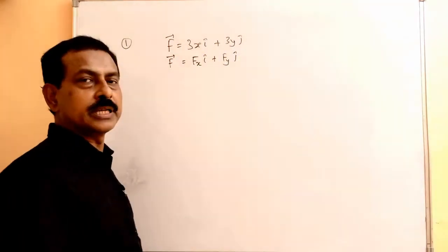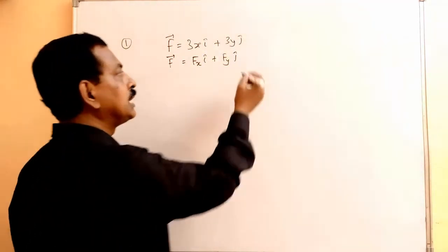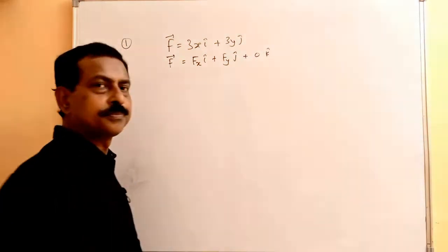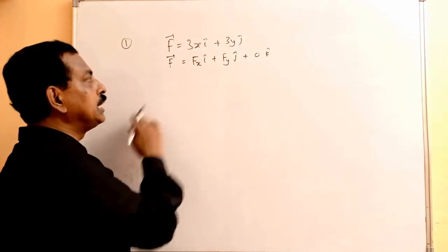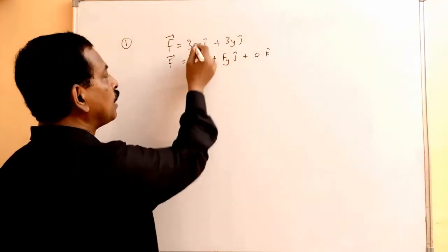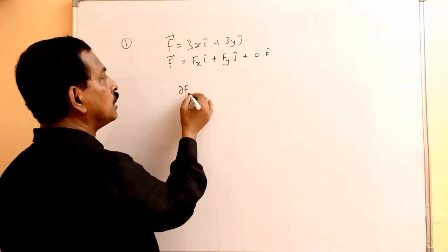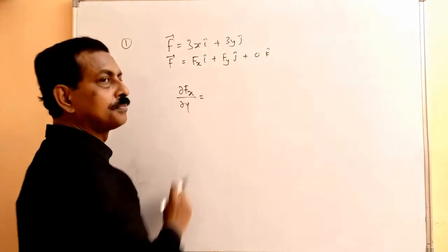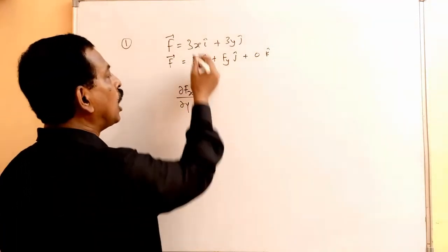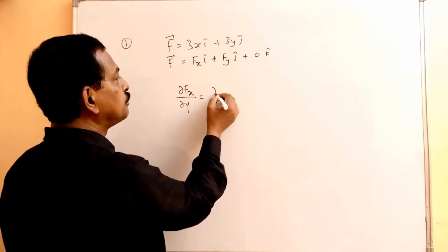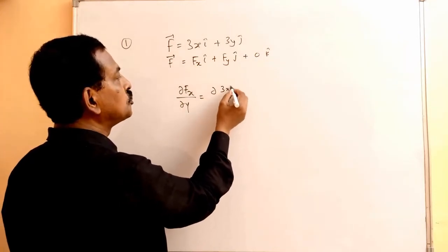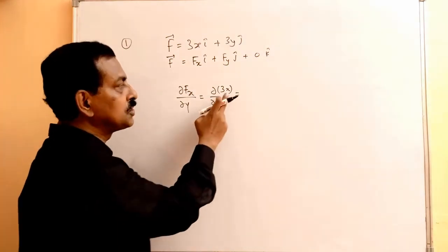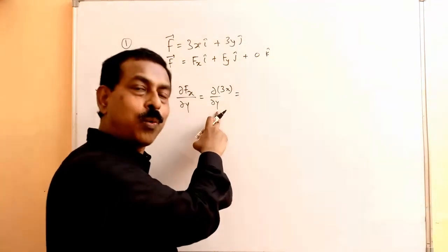Z term is not there. So in that case, we can just take it as 0. So here, again, this is your ∂fx/∂y. If you consider this, how much is it? It is the differential of 3x with respect to y. Remember, we are differentiating with respect to y.